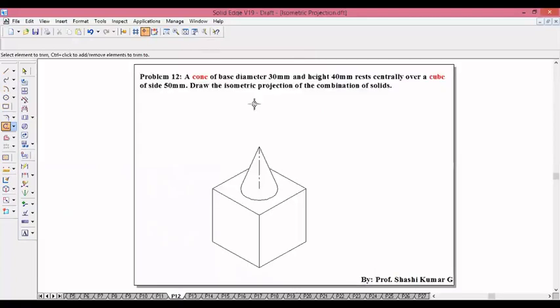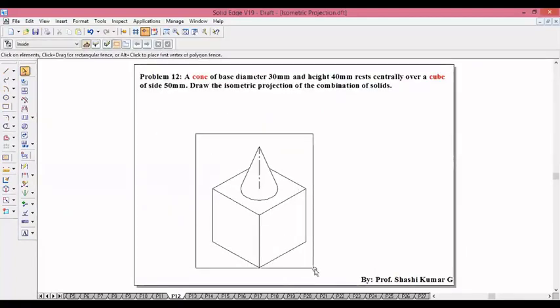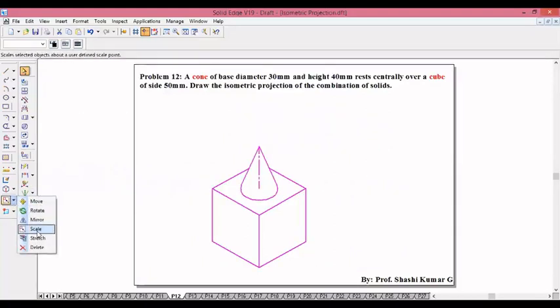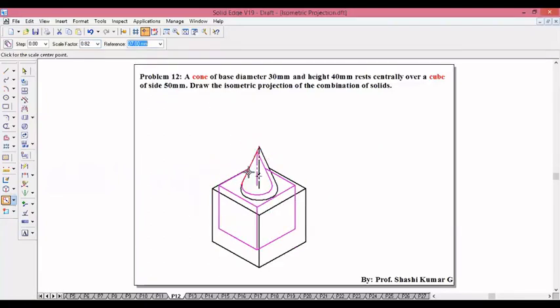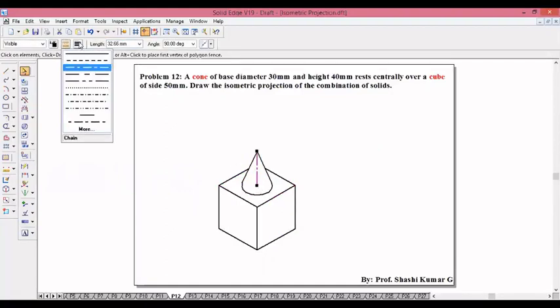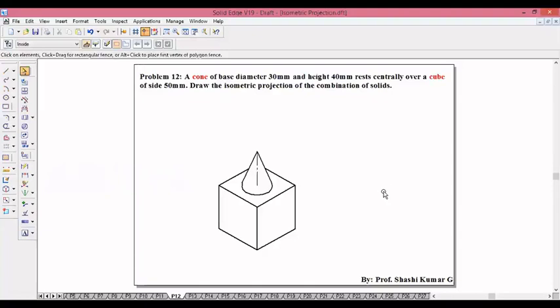So this is the isometric view of the combination. Make it thick, convert into isometric projection by taking scale 0.8164 and place it, and the axis should be 0.13 thick. So this is the solution for problem number 12.